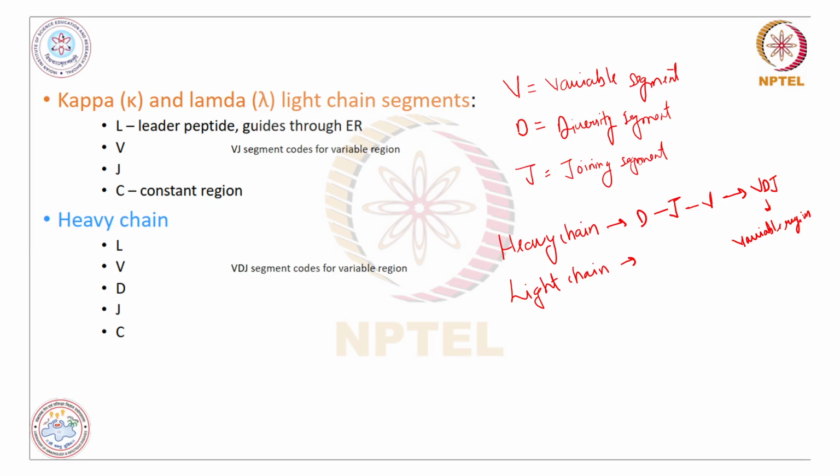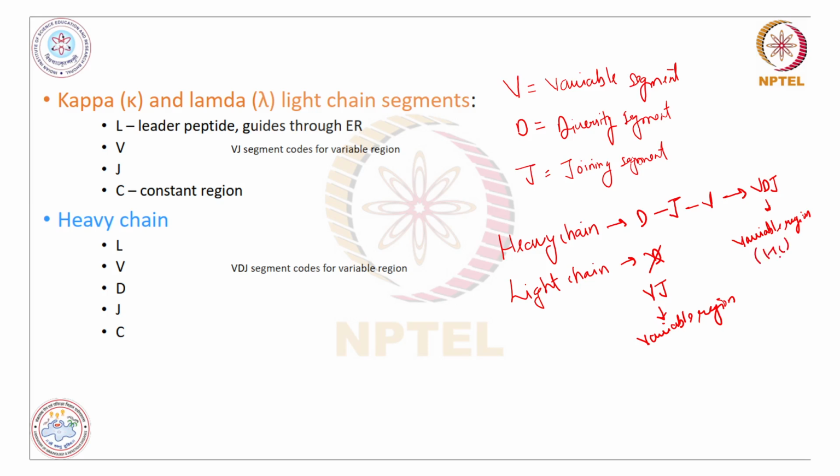And in the case of the light chain, the D segment is not present. So only the V segment will join with the J. There will be only VJ. It will also code for the variable region.